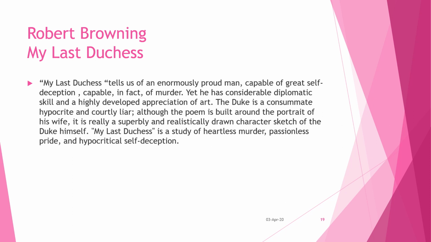Although the poem is built around the portrait of his wife, it is really a superbly and realistically drawn character sketch of the Duke himself. My Last Duchess is a study of heartless murder, passionless pride, and hypocritical self-deception.